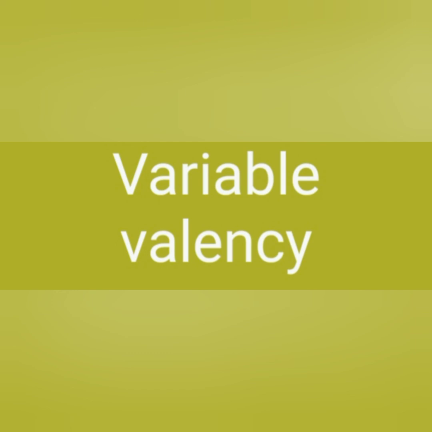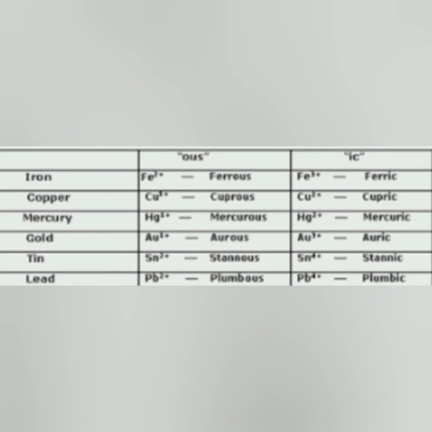Now the next topic is variable valency. Some elements exist with more than one valency, which is known as variable valency, means changeable valency. For example, iron, copper, tin, lead, sulfur and phosphorus, etc. For example, the metal iron has 2 valencies, +2 and +3.